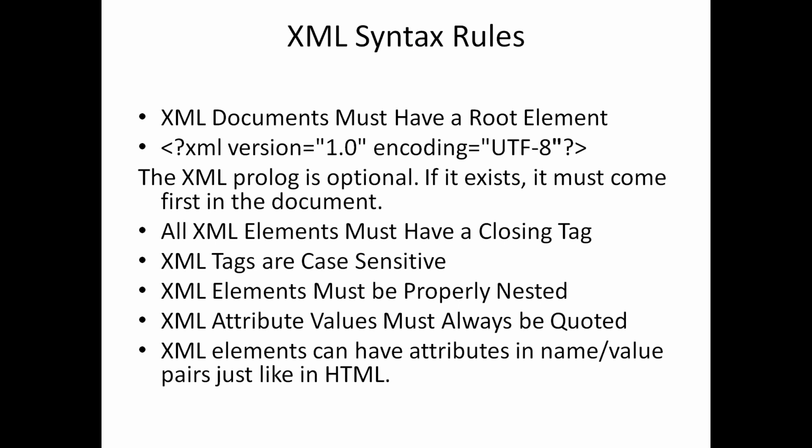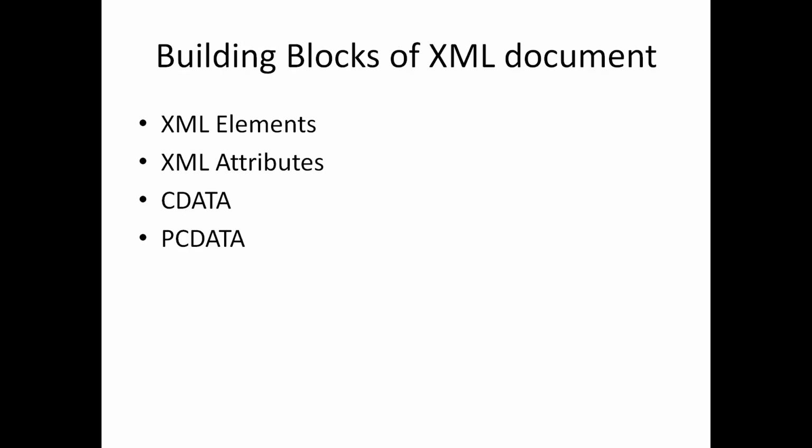The XML document makes sense even without this line. And all the opening tags must have a closing tag. XML tags, as we discussed, are case sensitive and must be nested properly. One tag within another tag must be nested properly, and the attribute values must always be quoted, either in single quotes or double quotes.